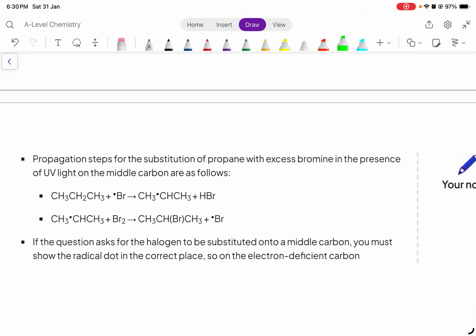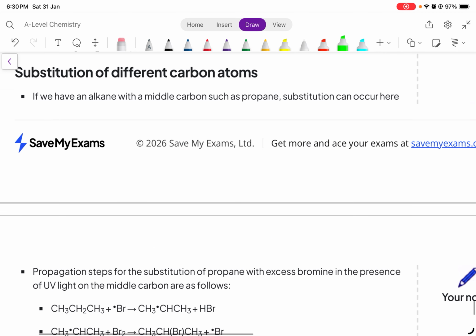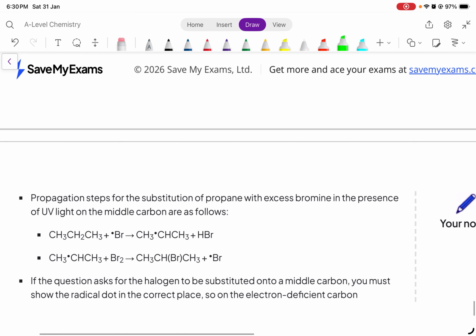In this case, we take the H out. Normally we substitute on this end, but it may remove the H from here, see? Normally we substitute here, but it may be in the middle. Okay, so that's the reason why that's what we call a substitution of other carbon atoms, that is, a different position of the H.